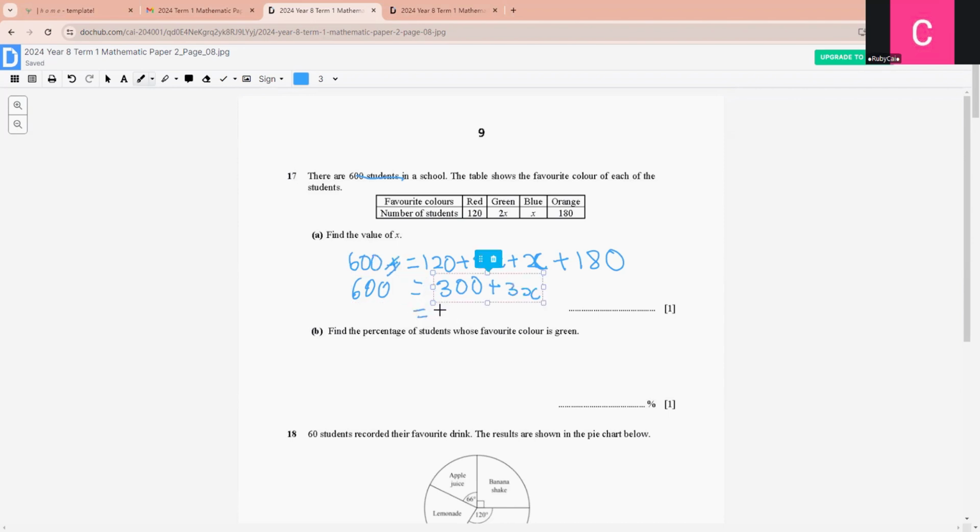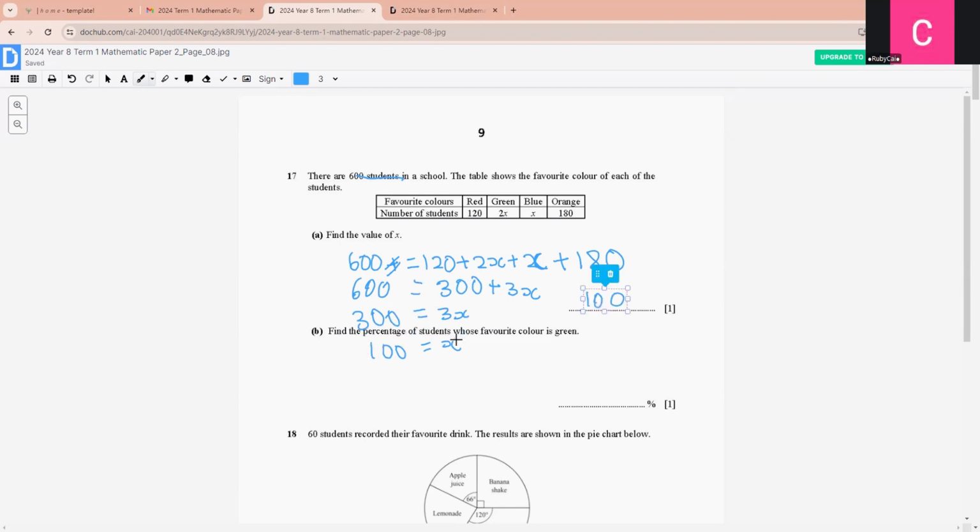And from that we can find that 3x equals to 300 because we move the positive 300 to the left. And x equals to 100. So the value of x is 100.